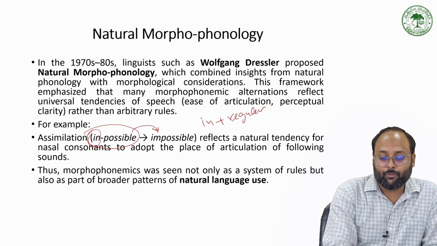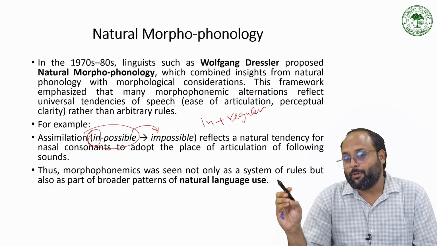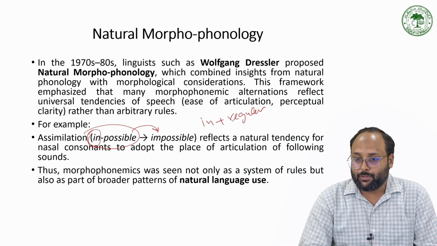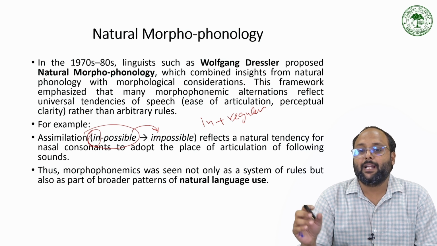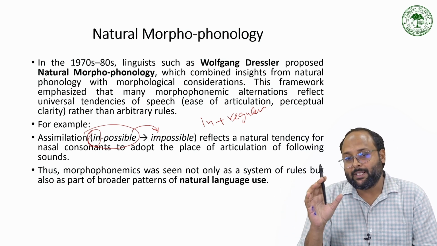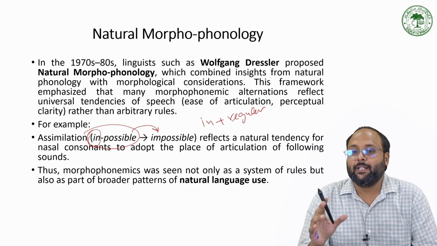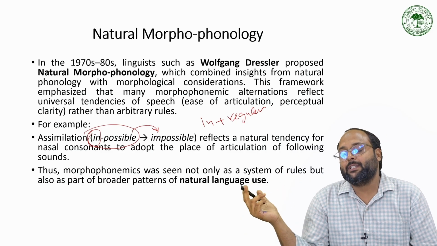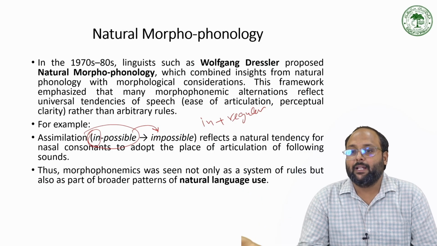Thus morphophonemics was seen not only as a system of rules, but also as part of a broader pattern of natural language use. So the generative approach has certain underlying representations, and they apply some rules, and because of those rules there are changes at the surface level.